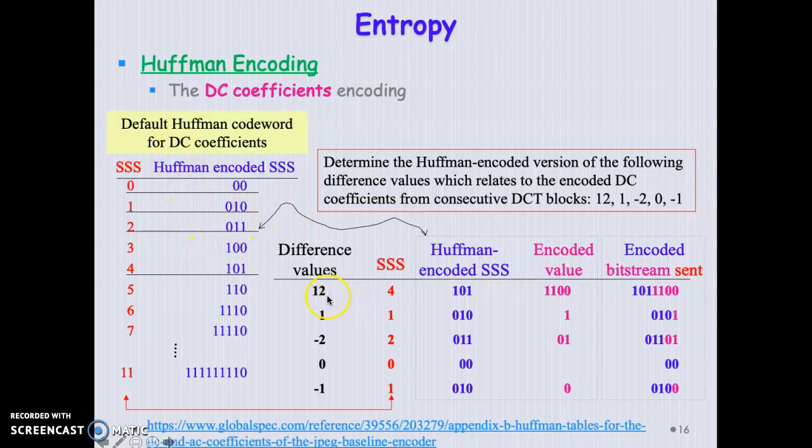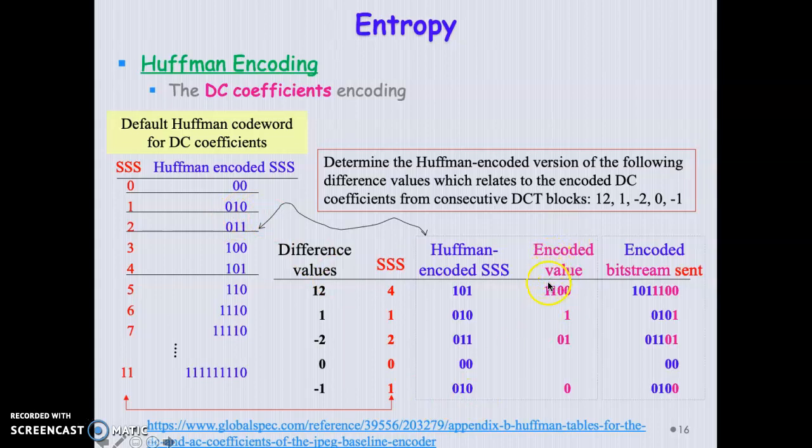For example, 12. The SSS is 4, you need 4 bits, so you will refer to 4 as 101. The different ones: number of bits 1 is 010, 2 is 011, 0 is 00, and so on.